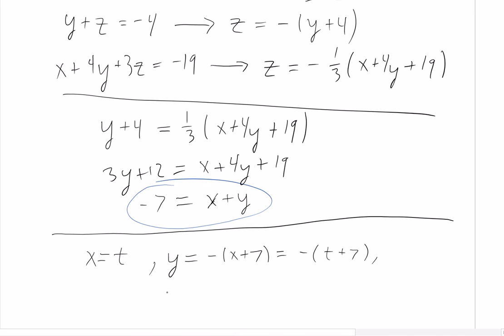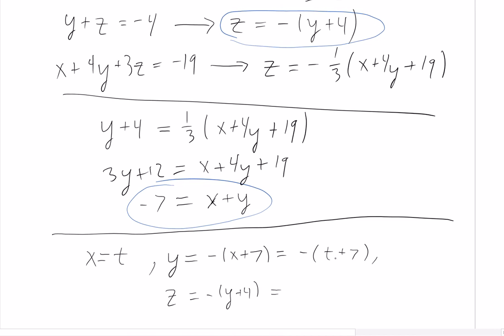And then similarly for z, use either of the two equations that we started with. Maybe let's use this one, since it's simpler looking. So z is negative y plus 4.